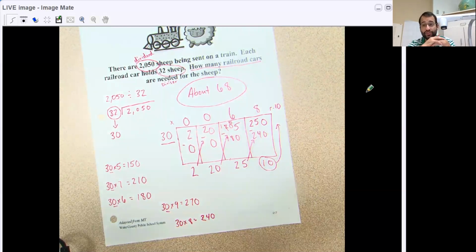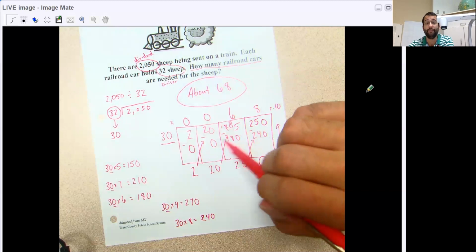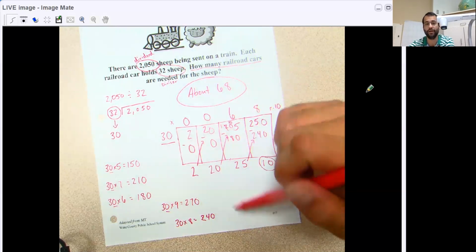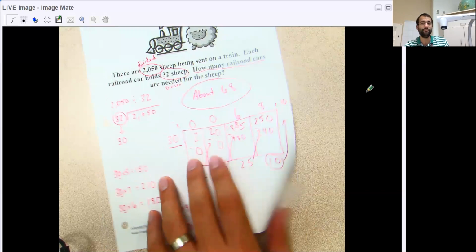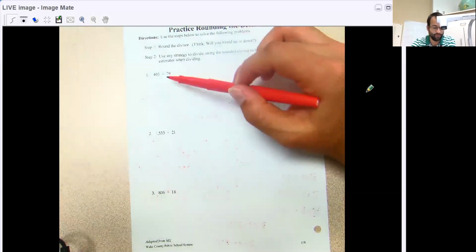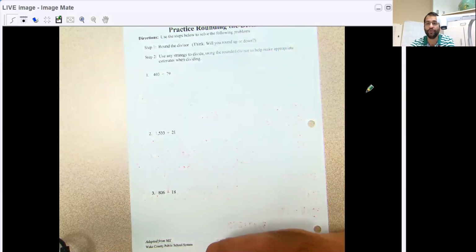So if I actually solved for 32, it'd give me an exact answer. But since I rounded and it makes my multiplication a lot easier, I'm finding an answer that is close, but not the exact answer. You're going to do the same thing on your practice, okay? You're going to look at these and you're going to round your divisors, and then you're going to solve.